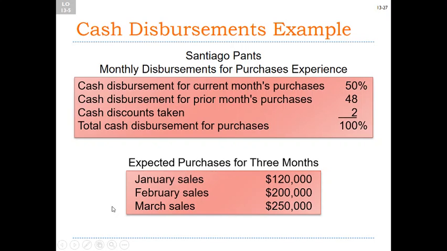So they expect purchases for the 3 months of January through March to be 120,000, 200,000, and 250,000 respectively. And so they come up with the following cash disbursement budget.